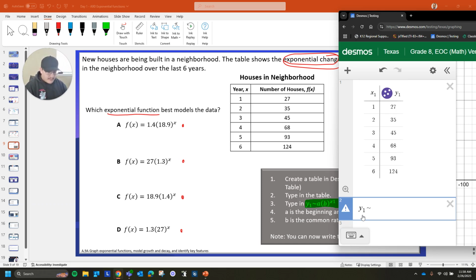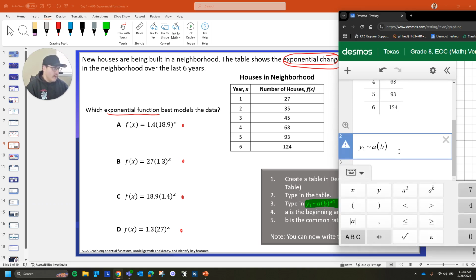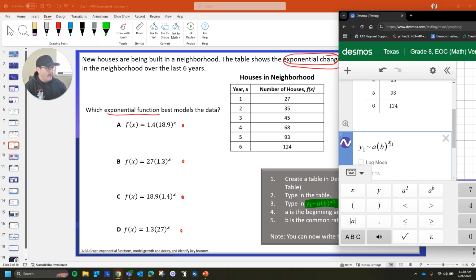Excuse me. A parentheses B close parentheses, and then get to the exponent position. You're going to hold shift, press 6, or you can choose the AB button right here to get to the exponent section, and then type in x1.